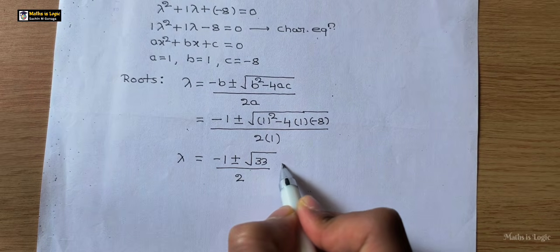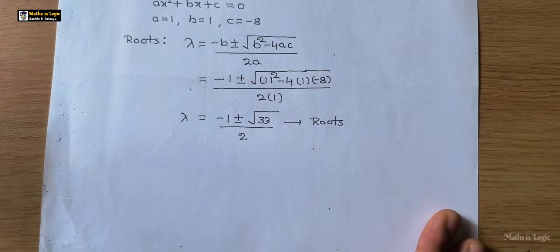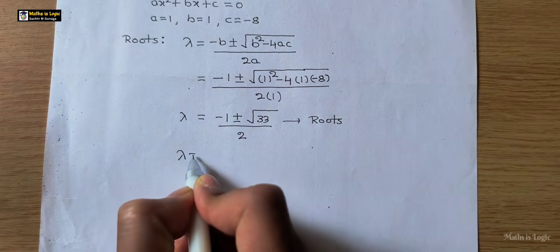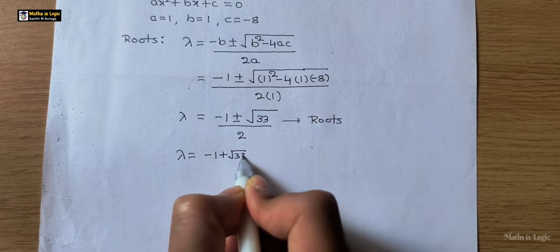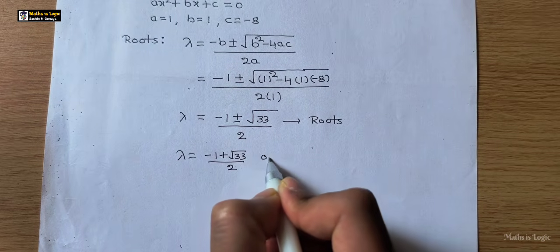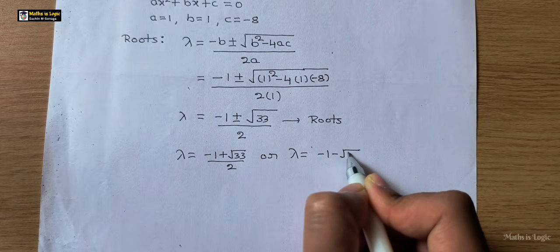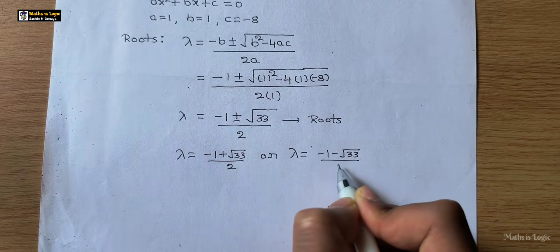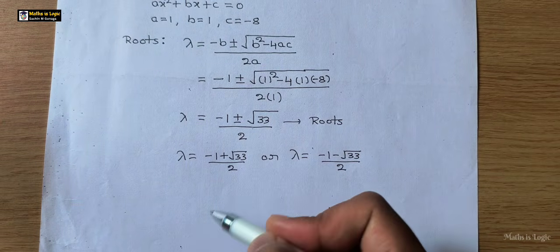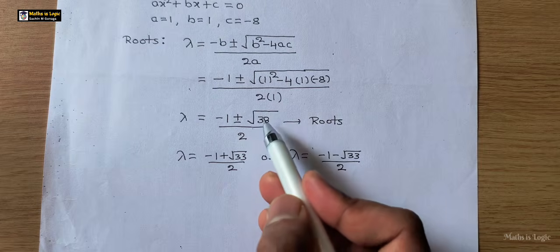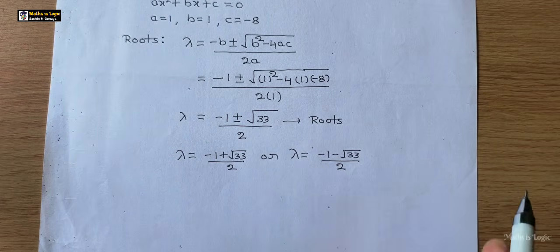So this is the final answer. These are called what? Roots. Or else how can we write? Lambda is equal to minus 1 plus root 33 divided by 2, or lambda is equal to minus 1 minus root 33 divided by 2, because further we cannot do the simplification as this is not a perfect square, so stop here only. So these two are called what? Roots.